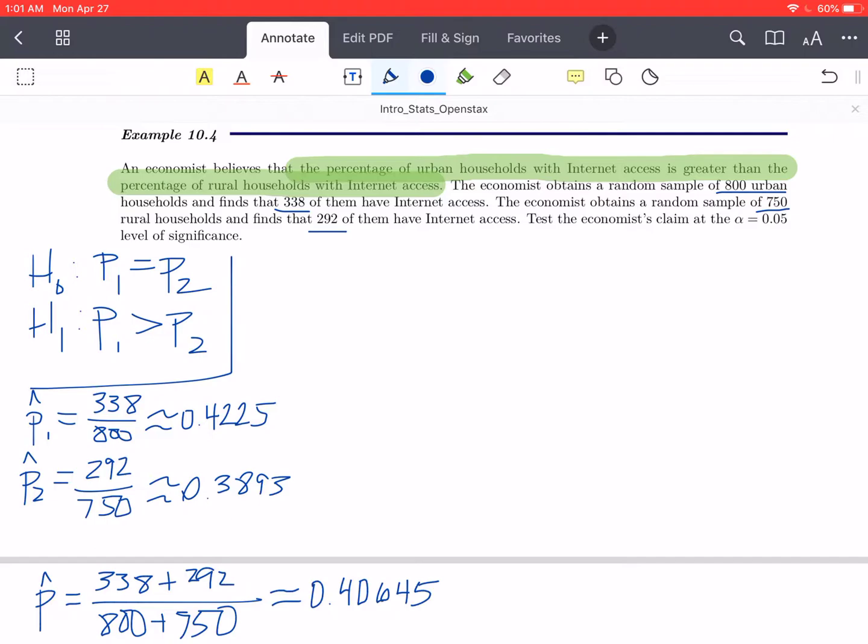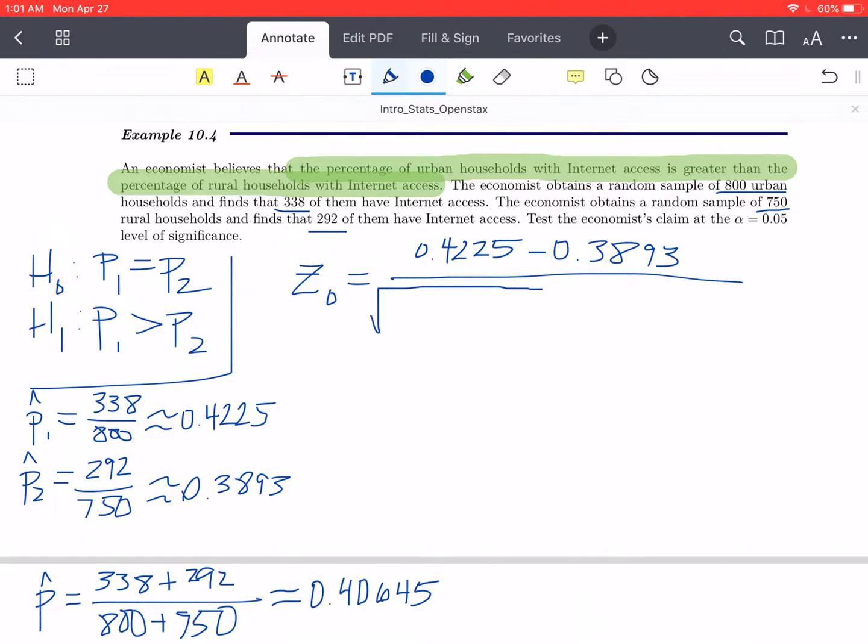And all of this has been building up to finding that test statistic. Okay, so our test statistic, z0, that's going to be p1 hat minus p2 hat, so that's 0.4225 minus 0.3893, all over the square root of p hat times 1 minus p hat, so that's our pooled estimate, 0.40645, times 1 minus that number, which is 0.59355.